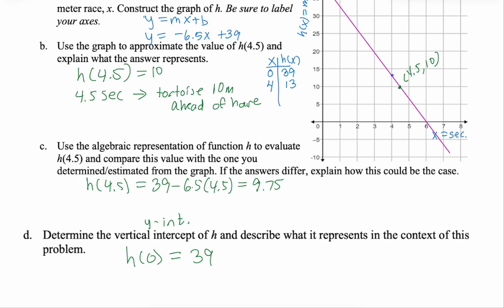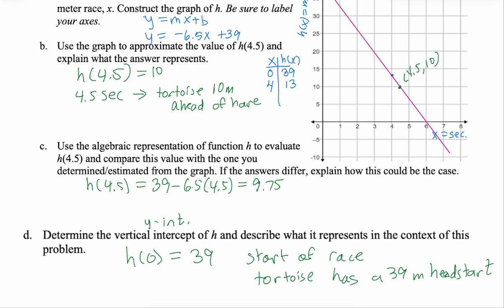So that means at time 0, or at the start of the race, the tortoise has a 39-meter head start. That's all that means, okay? Or at time 0, the tortoise is 39 meters ahead of the hare.